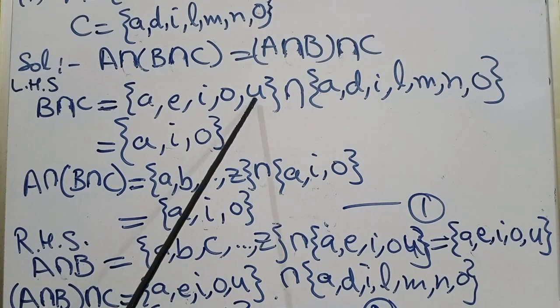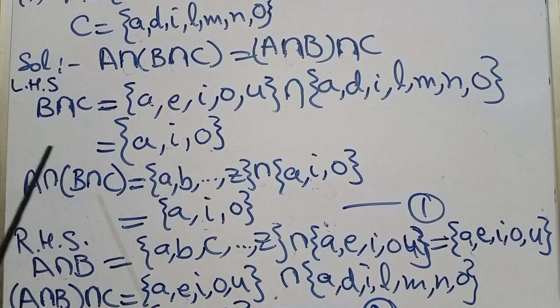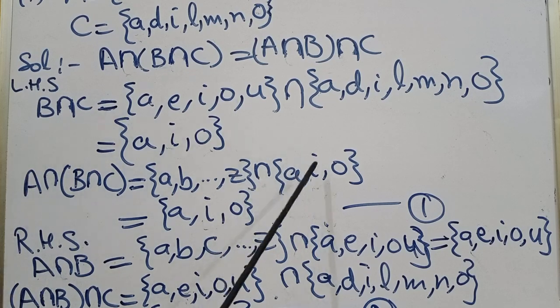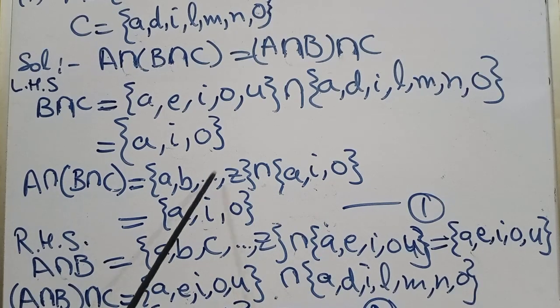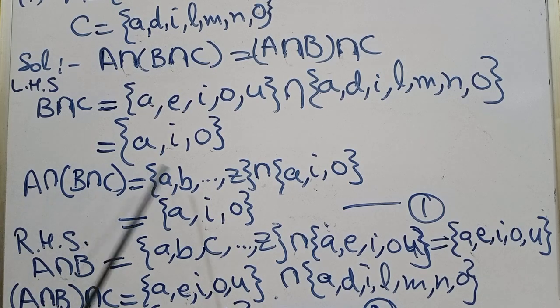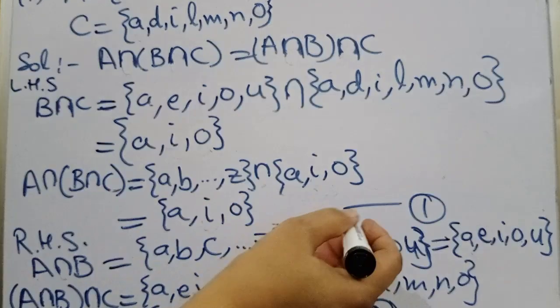O is common and U is not common, so we write A, I, O in the set B intersection C. Next we take the intersection with set A. Set A has elements A, B up to Z. The intersection of A with B intersection C has elements A, I, O, because set A has all alphabets A to Z and set B intersection C has only three elements A, I, O. So this is a subset of set A, and the elements in their intersection are A, I, O. We call this equation number 1.